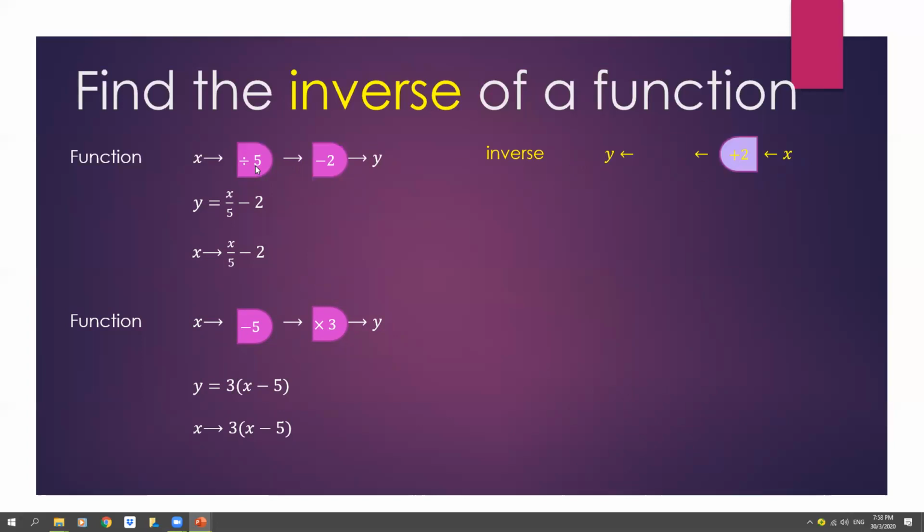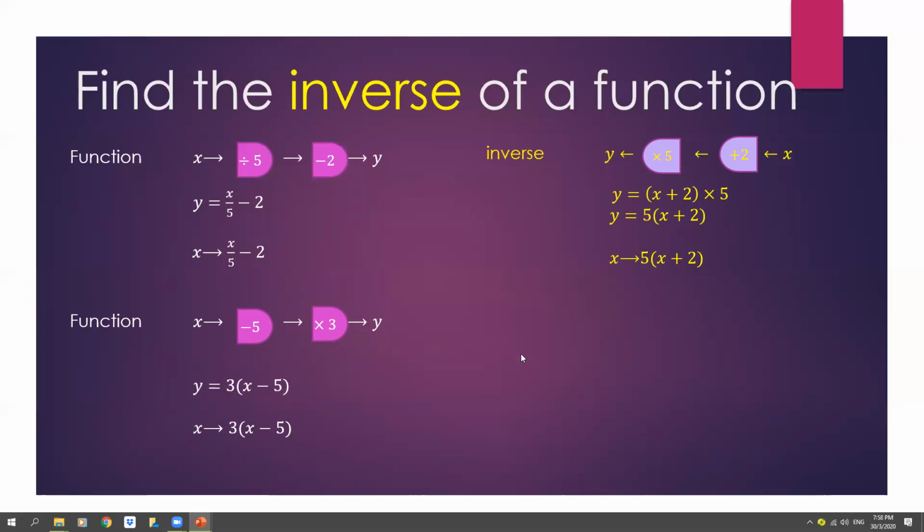Okay, instead of divide by 5, it becomes ×5. All right, this is how we get the answer. So when you write in equation form, Y equals (X +2) first, then ×5. So you can write your answer in this way, right? Bracket ×5. So for the mapping way, you write in this way.